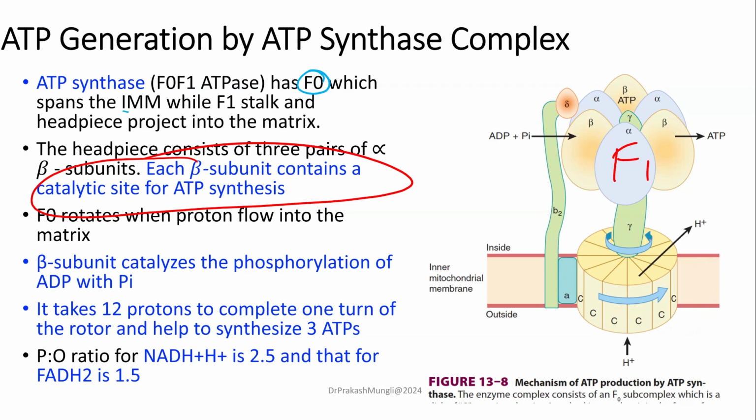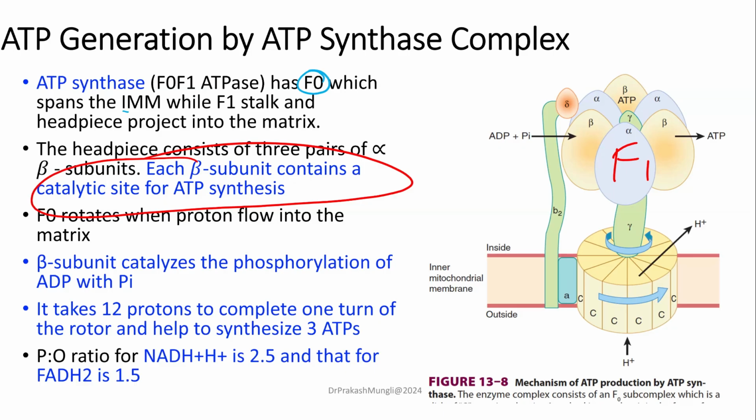It moves, it turns. As the proton enters, it takes a little turn. Another proton enters, little turn. Another proton enters, little turn. Like that. Every time a proton comes from the intermembrane space into the matrix through this F0, it takes a little turn, right?